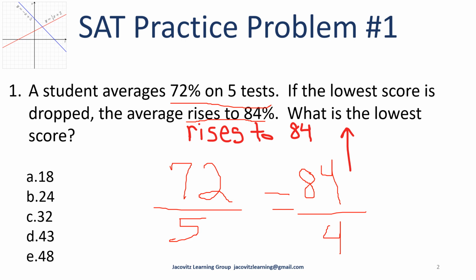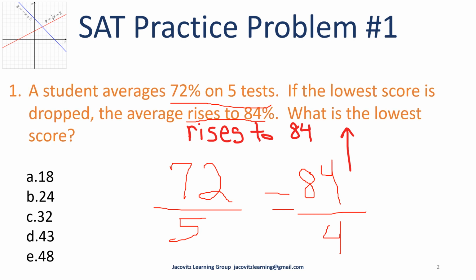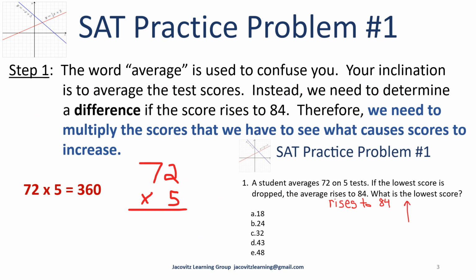Okay, now what you're going to do is move on. Step one, the word average is used to confuse you, so please don't think about averages in pure terms. Your first thought is to average the test scores. Instead, we need to determine a difference of the scores because we've got to see what happened. Why are we using this word difference?